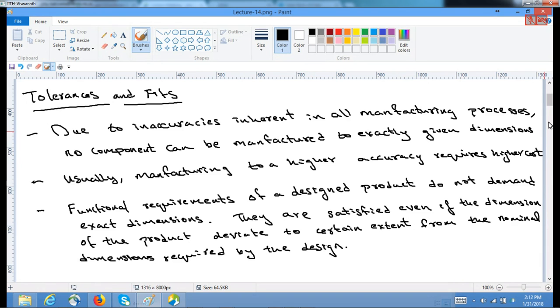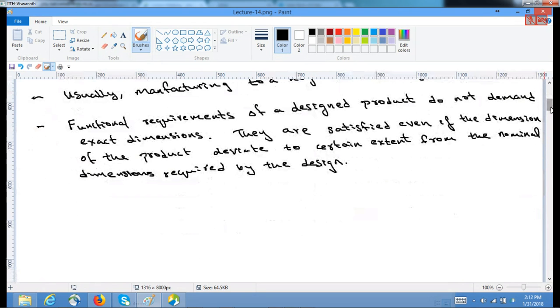So now the question is to what extent these deviations can be tolerated.